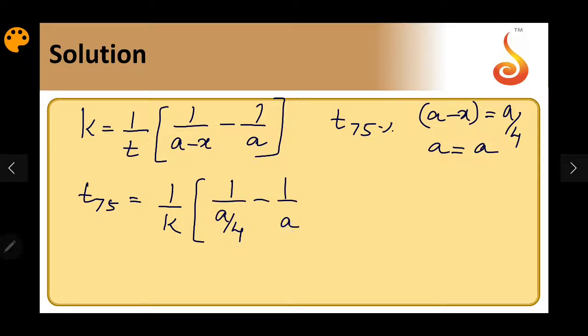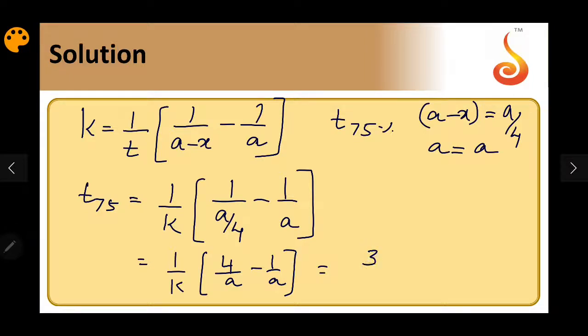If you simplify this, 1 by K, this becomes 4 by A minus 1 by A. So this is equal to 4 minus 1 is 3, 3 by A into K. So 3 by A K is equal to T 75.